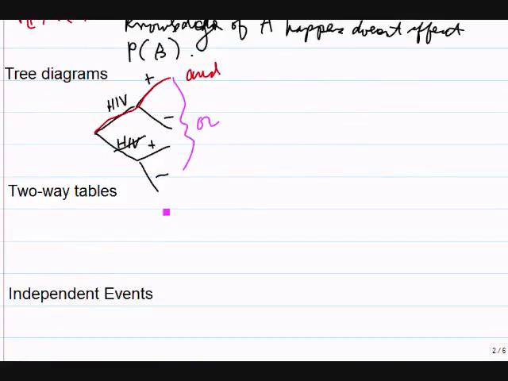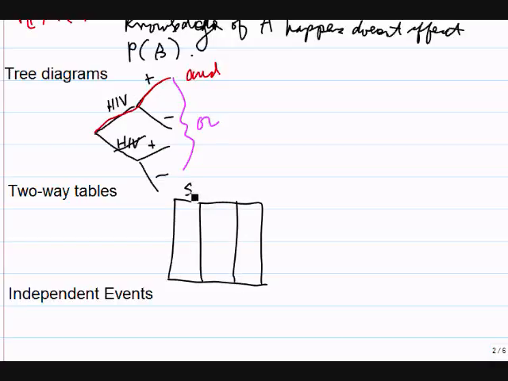Two-way tables, we did a bit of those. You're either a sophomore, a junior, or a senior. You're either a male or a female. And then you either have some proportions in here, or sometimes you have actual numbers.